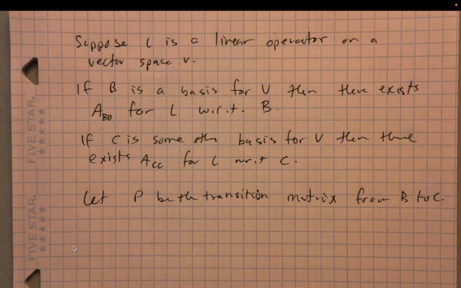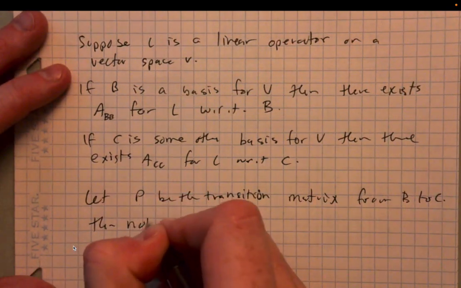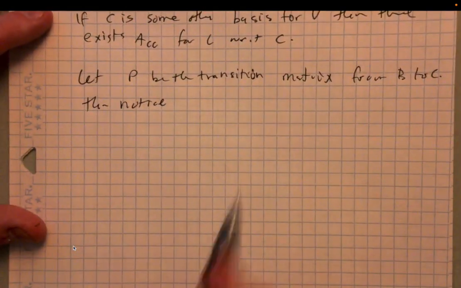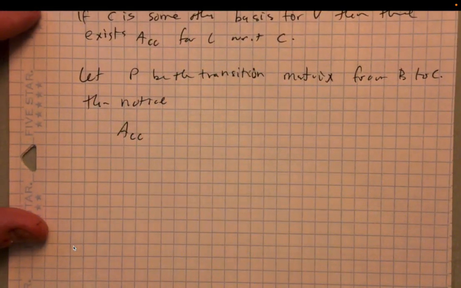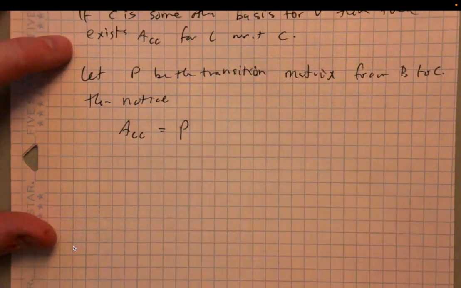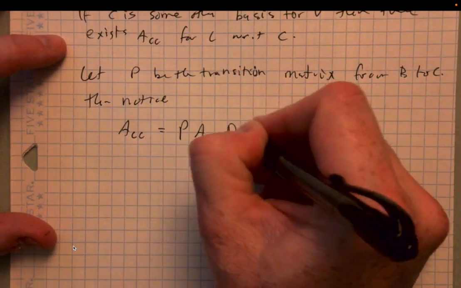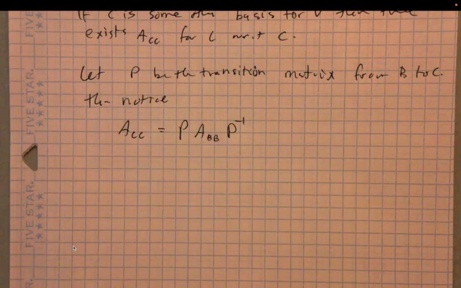Okay, so given this setup, what are we going to notice? Well, A_CC is equal to P times A_BB times P inverse. So this matrix A_CC, the matrix of this linear transformation with respect to basis C, is equal to P times A_BB, the matrix for this linear transformation with respect to basis B, times P inverse.